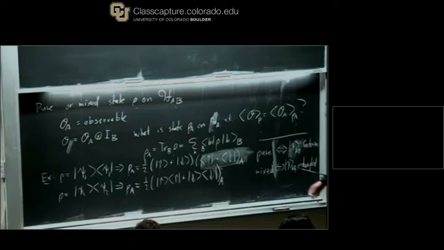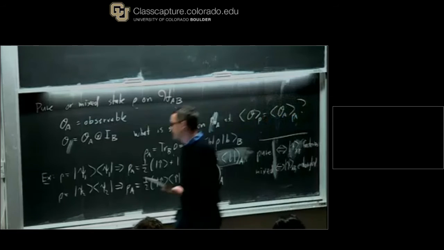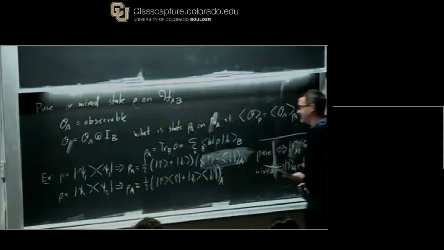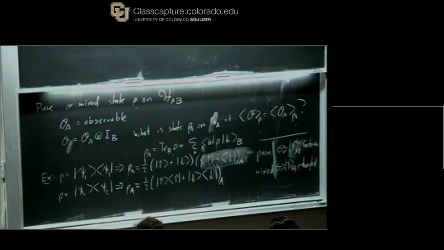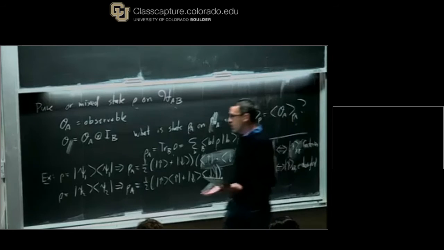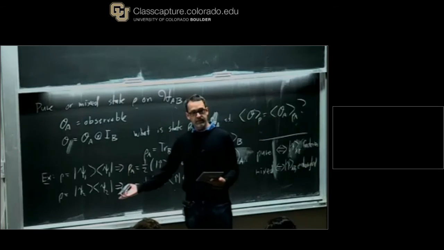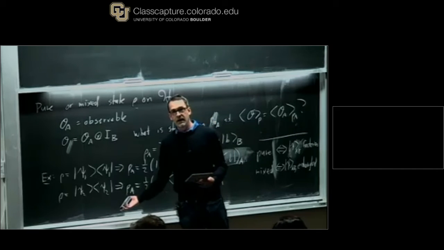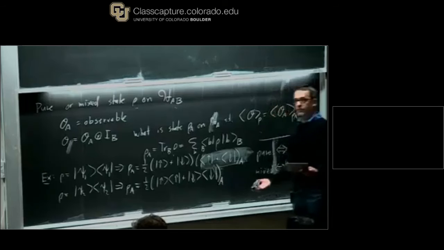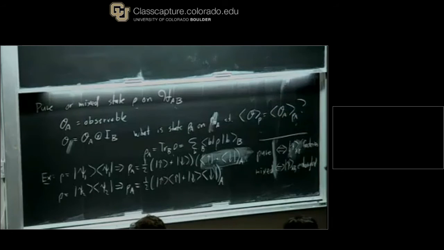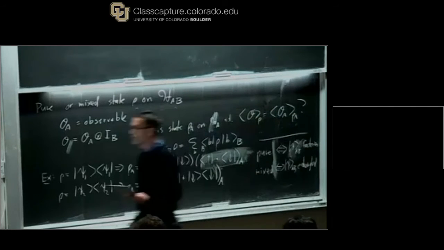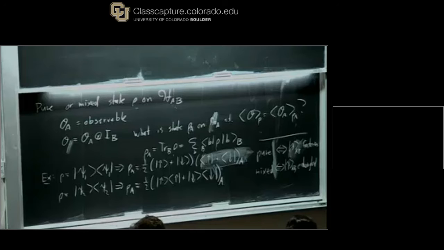Okay? And therefore, since we have a nice way to quantify mixedness, if we want to know whether a pure state on AB is entangled or not, we can calculate rho sub A, and if we can calculate its von Neumann entropy, we can determine, in principle straightforwardly, whether A and B are entangled.